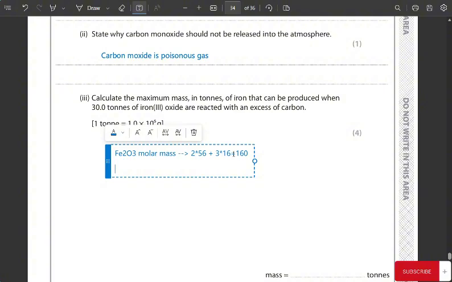And we will find how many moles of iron(III) oxide are in 30 tons of iron(III) oxide.